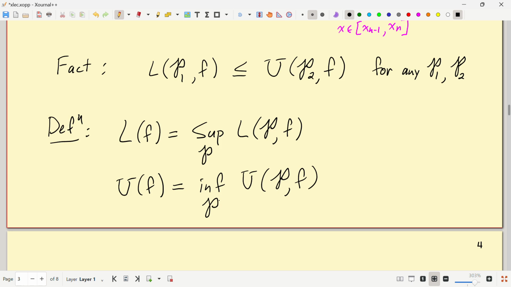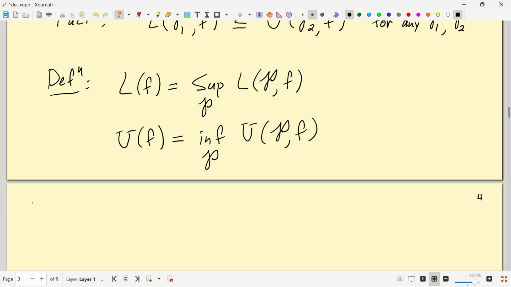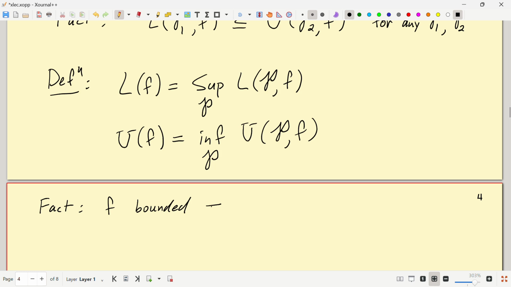Okay, and now finally the big definition of what a Riemann integrable function is. By the way, if f is bounded, these things all make sense. So here's the easy fact. Fact: f bounded implies all this stuff makes good sense.